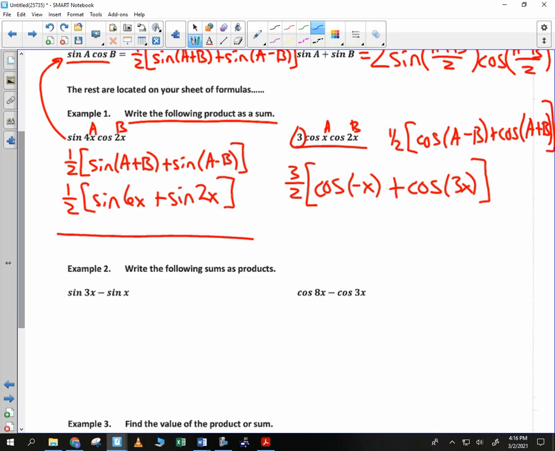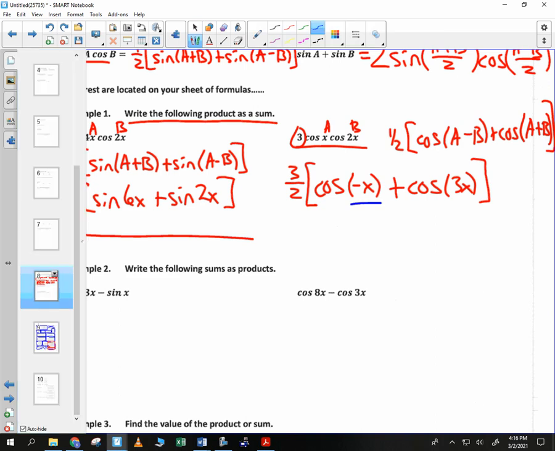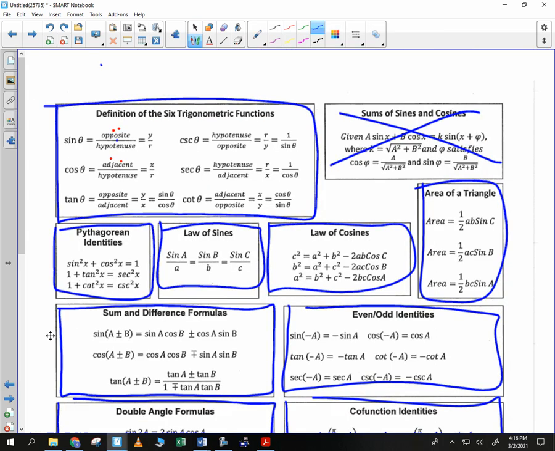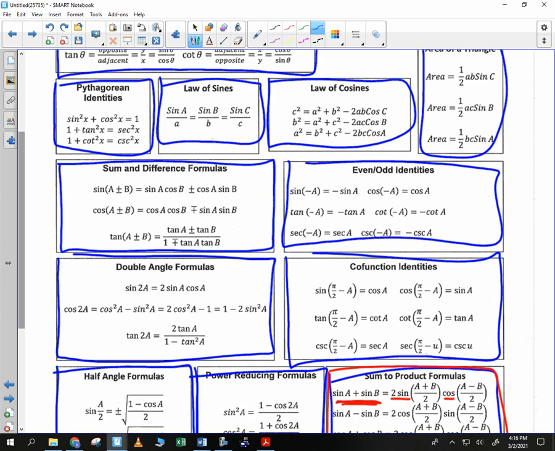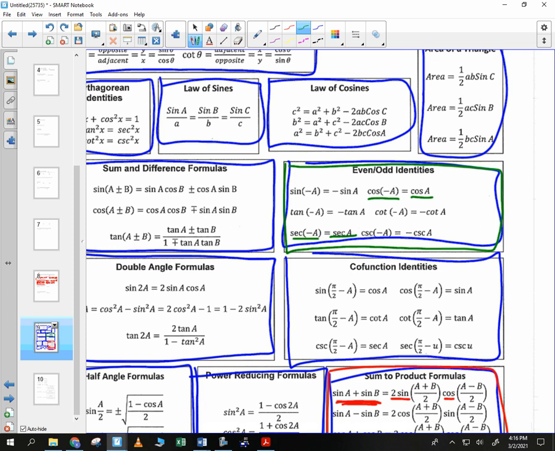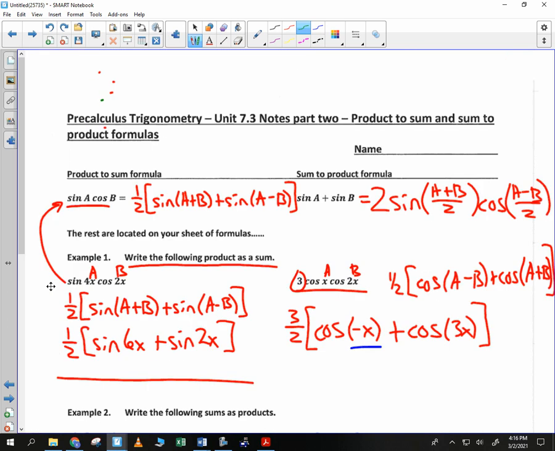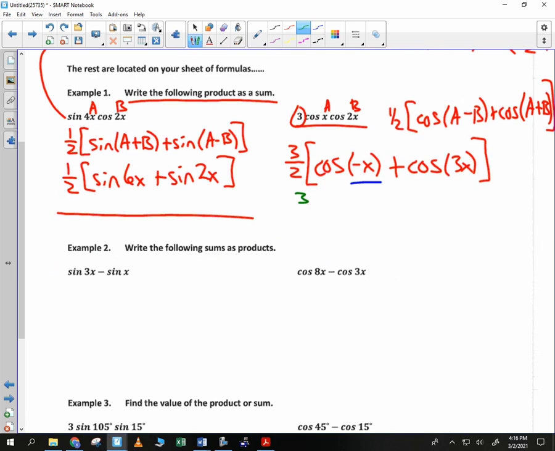So this negative angle causes a problem. You have to remember what you do with your negative angles, and that was your even and odd identities, which is this green one right here. I hope that you recall that the cosine of a negative, it just disappears. Same thing with secant of a negative, it just disappears. The other ones move out front. So in order to finish this off, I just write it as 3/2 times the cosine of x plus the cosine of 3x.